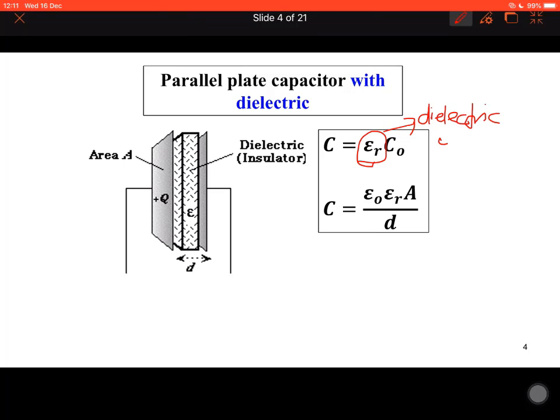Because it is epsilon r C naught, we include C naught, which is epsilon naught A over D, and this is the equation to find the capacitance of a capacitor when a dielectric is inserted in it.